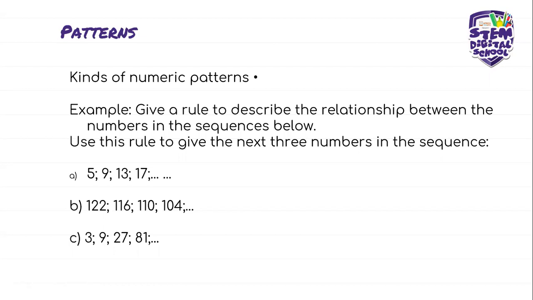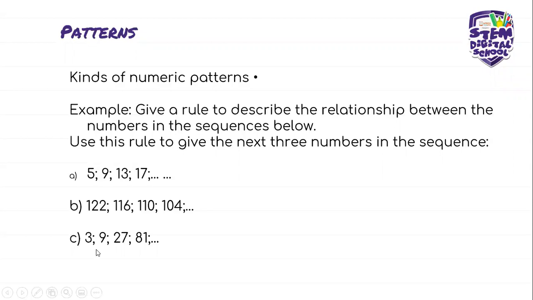And in the same note, if you subtract 6 from the second one, again, you will be able to get 110. And if you subtract 6 again, you'll be able to get 104. So definitely this will be the sequence, and you just subtract 6.